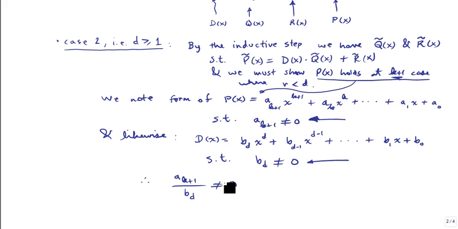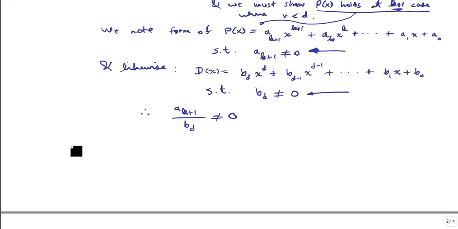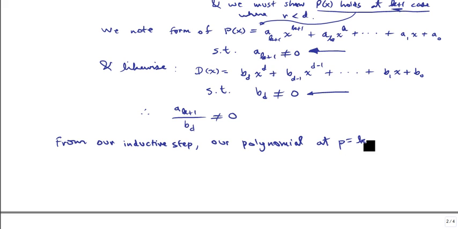And we now look at our inductive step. Okay, from our inductive step, we have our polynomial at the p equal to kth level, which we had assumed, can be written as the following.